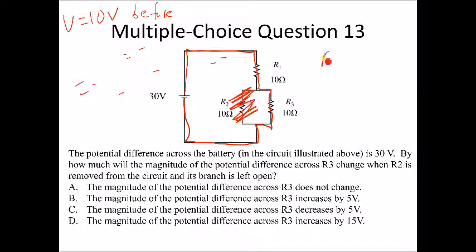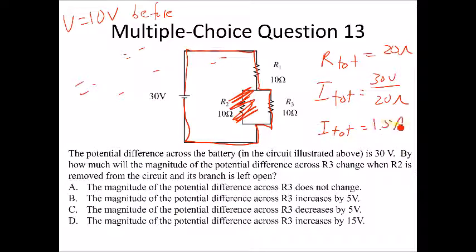So let's find the total resistance of the series circuit. Remember to do that, you just add up the resistances of each resistor. So we get 20 ohms. We'll find the total current using I equals V, 30 volt battery, over R, 20 ohms. We end up with a total current of 1.5 amps.